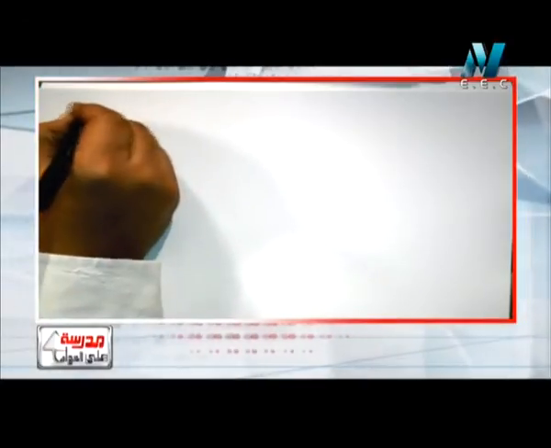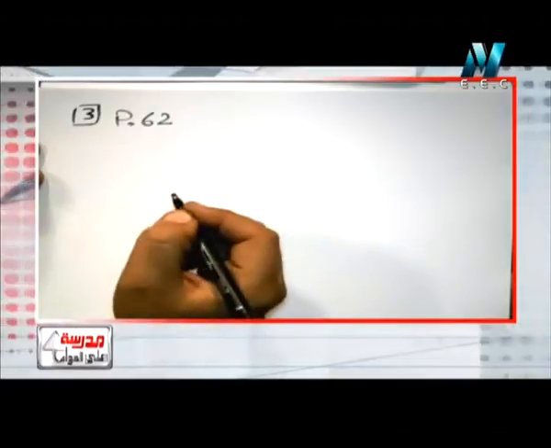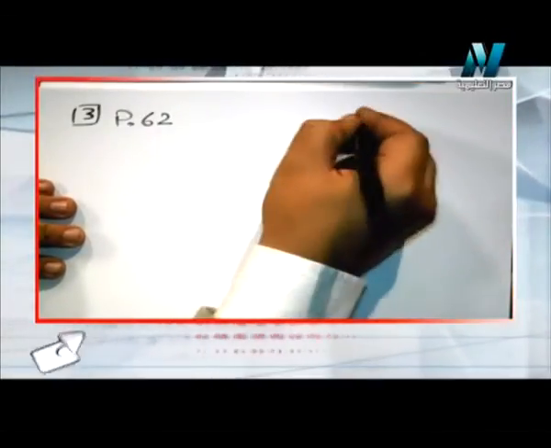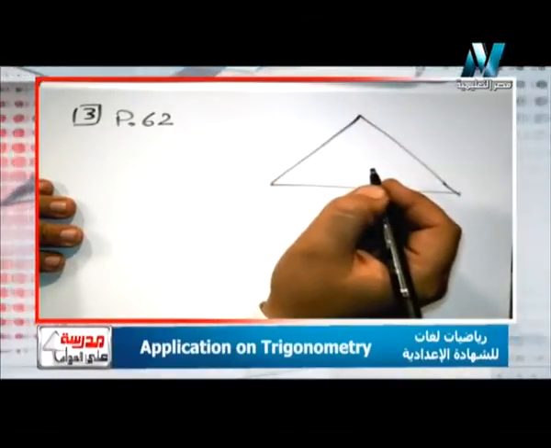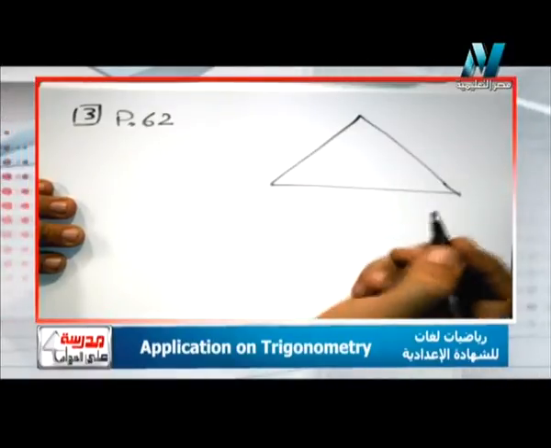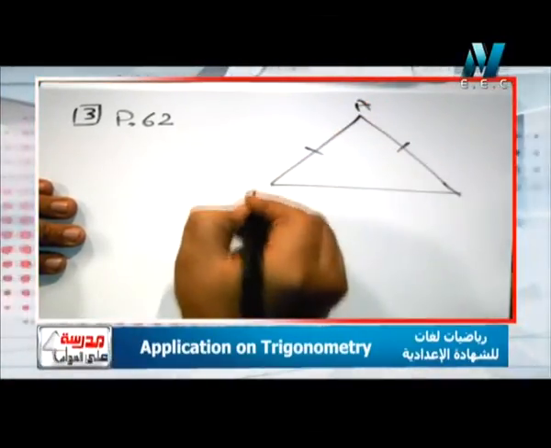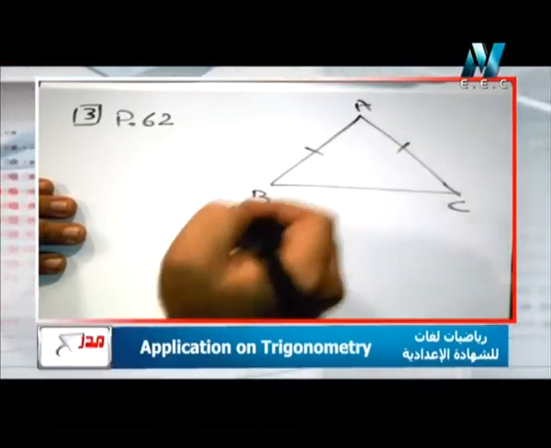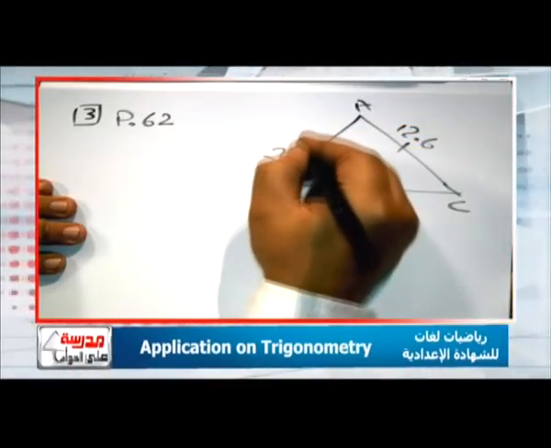So we have exercise 3, page 62. ABC is an isosceles triangle, so I'm going to draw an isosceles triangle ABC, in which AB equals AC, which is 12.6 centimeters. Of course this is A, these are the two equal sides, this is B, and this is C. The length of AC is the same as the length of AB, which is 12.6 centimeters.